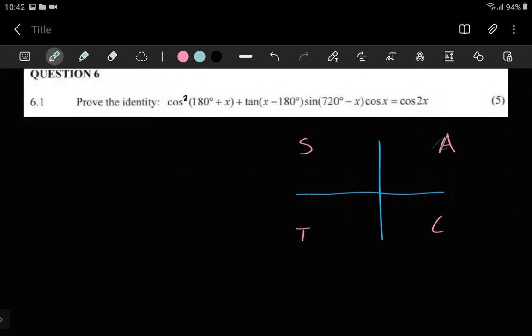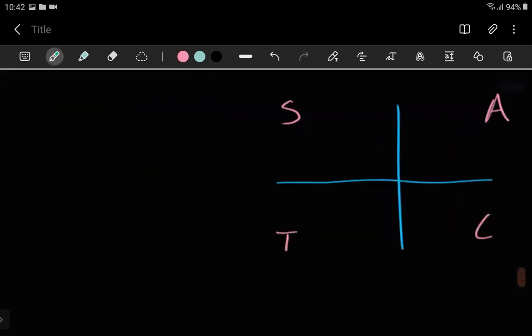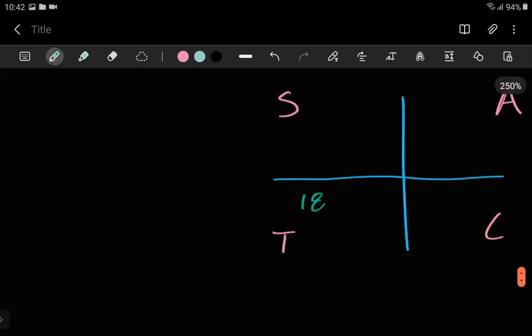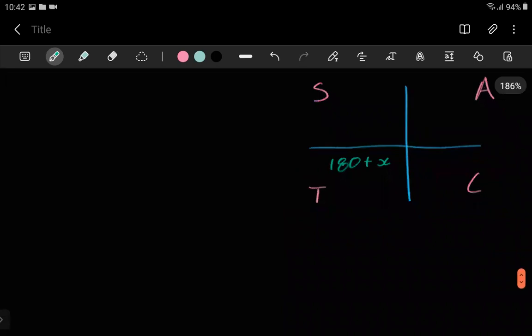The idea with that is 180 plus comes in this quadrant, and only tan is positive in this quadrant. So what you know already is that cos(180 plus x) is going to give you minus cos x.